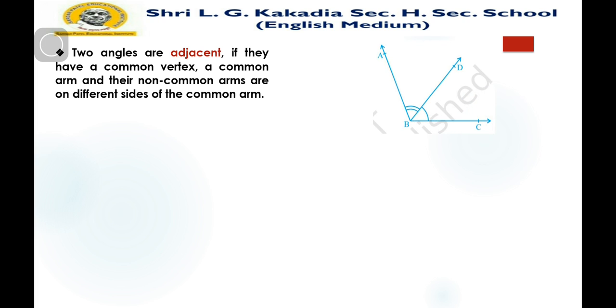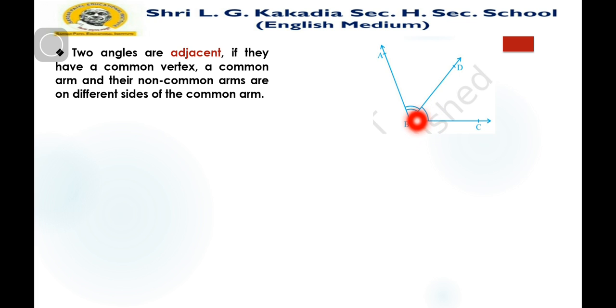Here there are two angles, ABD and CBD, with one common arm and common vertex, and non-common arms on opposite sides of the common arm. So we can say that these two angles are adjacent angles.